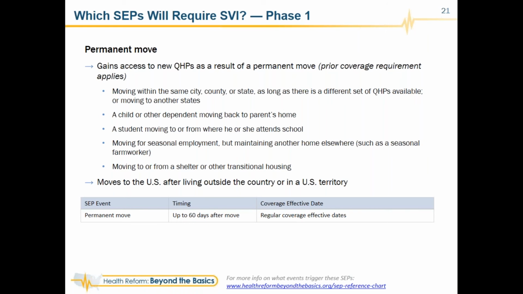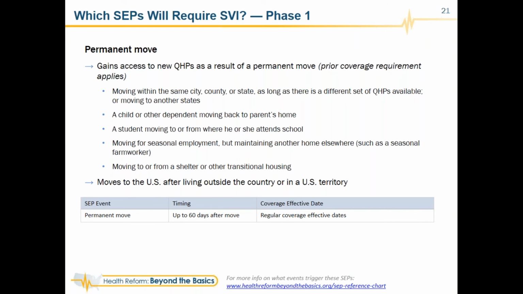It is important to note that people can qualify for more than one SEP, but the eligibility determination notice will select one SEP using some kind of logic that, quite frankly, we're not very familiar with. But as we understand it, it takes into account coverage effective dates. We don't believe that it takes into account whether or not SEPs will require an SVI.